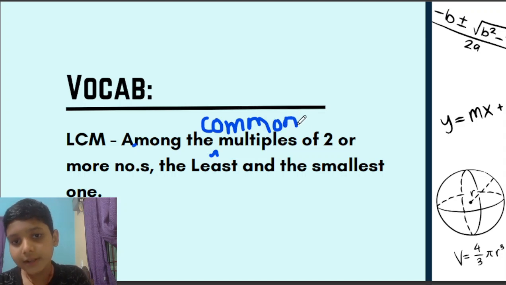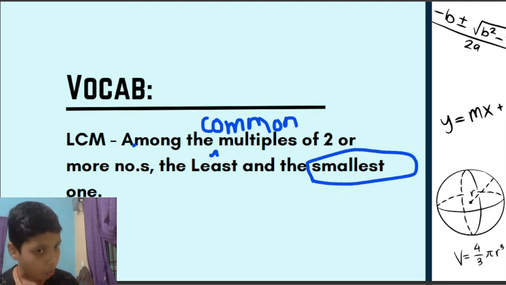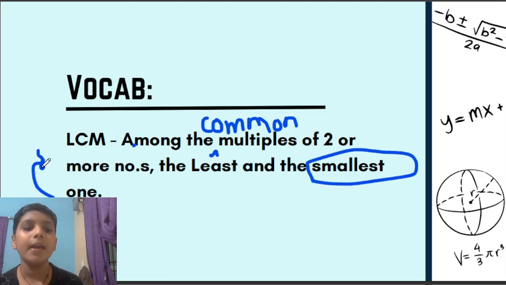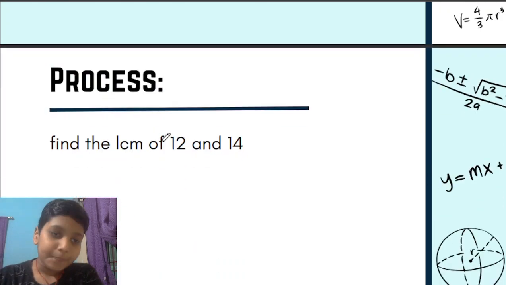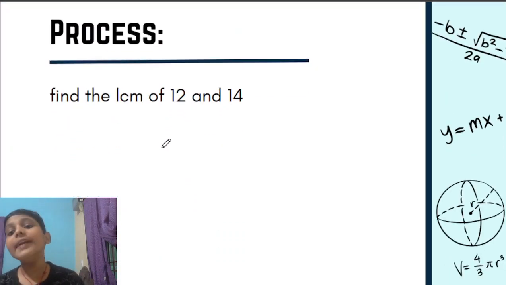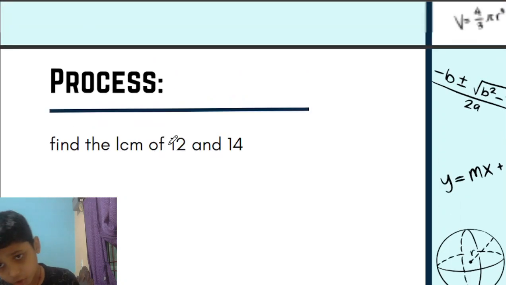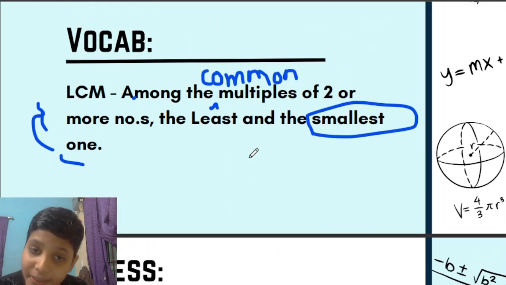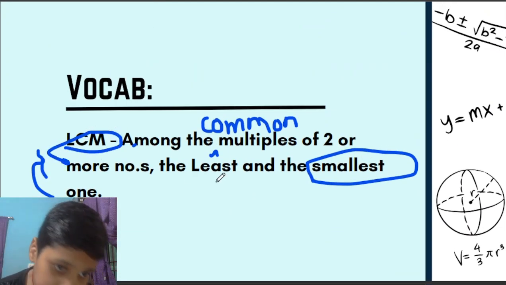You can take a screenshot of this or note it down in your copy so that it is better for you to remember. So among the common multiples of two or more numbers, the least and the smallest one is known as the LCM.